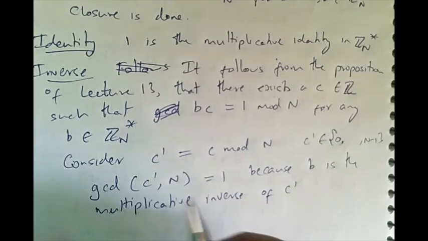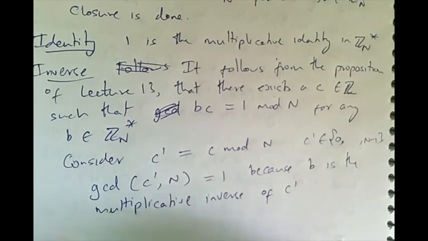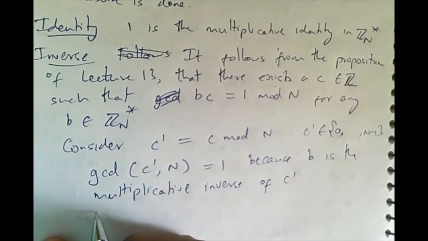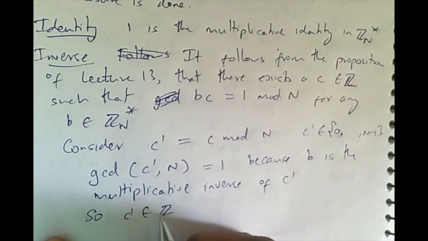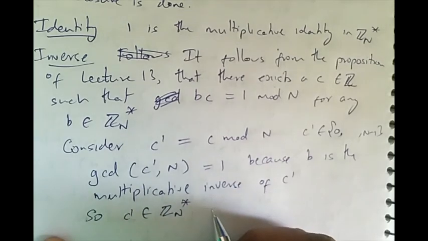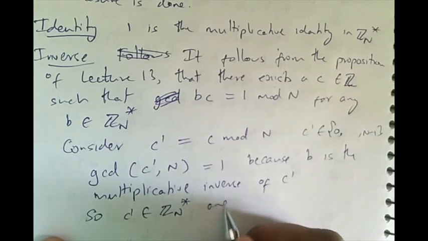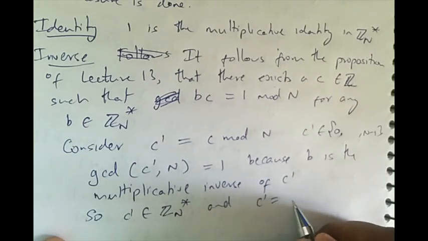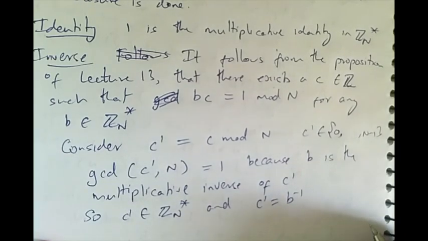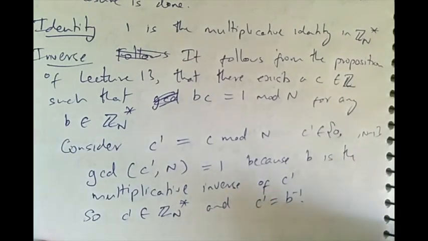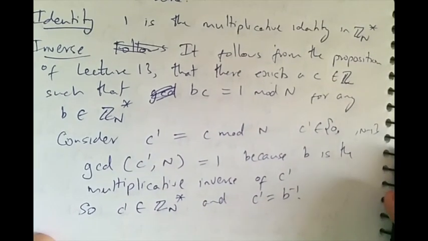So C prime belongs to Zn star and is the inverse of B. So inverses do exist in Zn star.